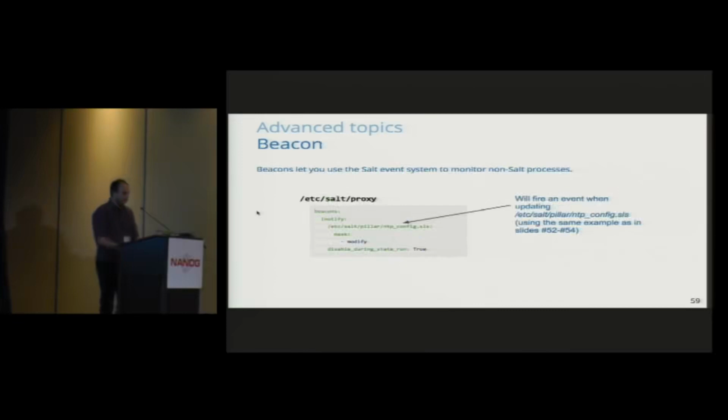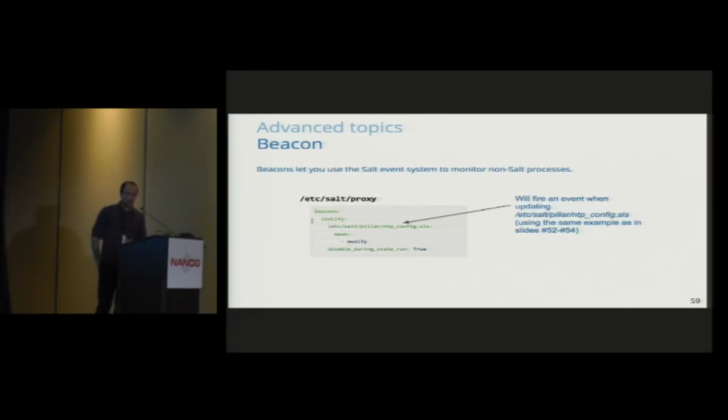For example, I will go on to a different entity called beacons. Beacons let you use the Salt event system to monitor non-Salt processes. I have this example with inotify that will fire events on the event bus whenever you update a file, like this one, /etc/salt/pillar/ntp config.